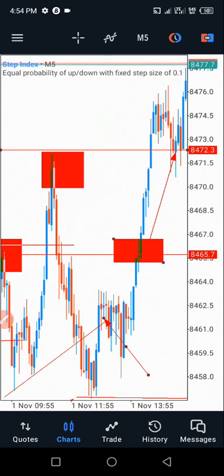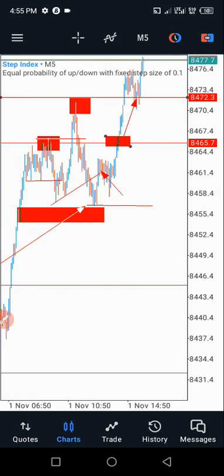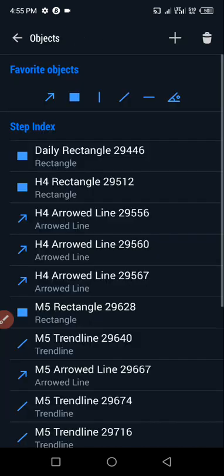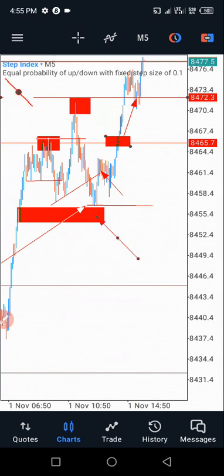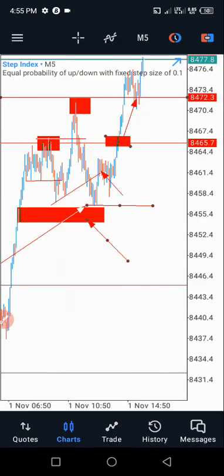And I was expecting that since price had not tapped into this order block here, and there was an inducement here, definitely price should sell from this level down here. So that was why I took it.